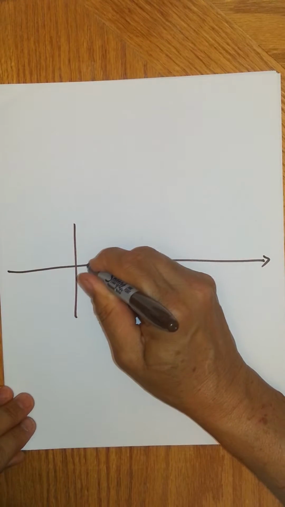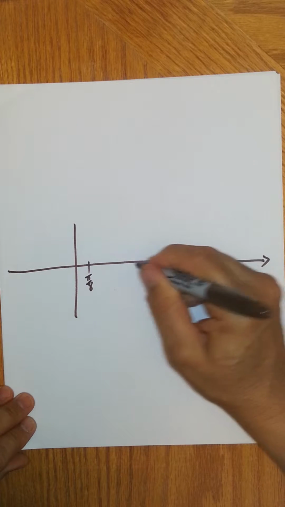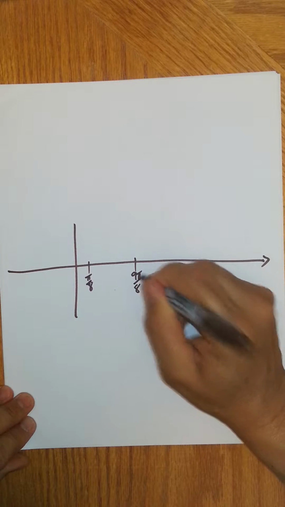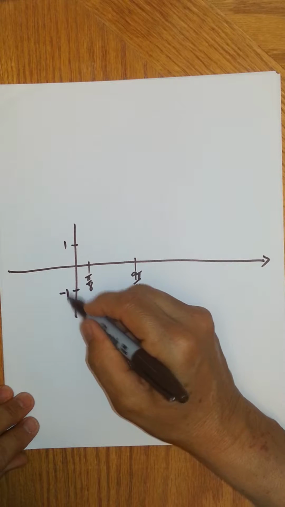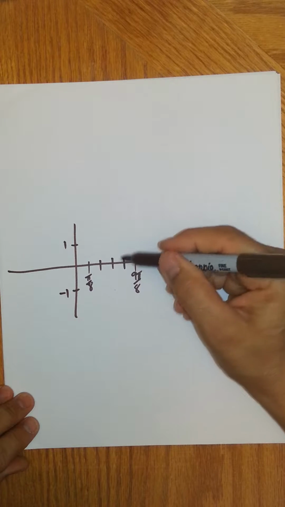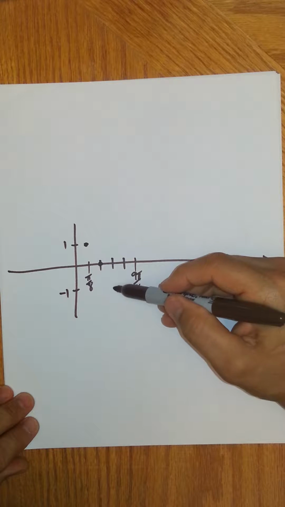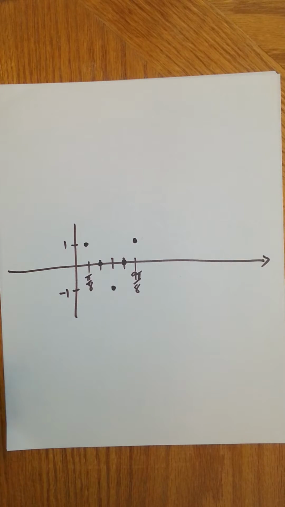So here, let's say, is pi over 8, and we'll just say that this is 9 pi over 8. And then I'll say this is 1 and this is negative 1, and then I'm going to divide this into fourths and go ahead and draw out my cosine. I start at a max, go to the axis, then go to a min, go to the axis, go to a max. And then let me go ahead and fill that out.